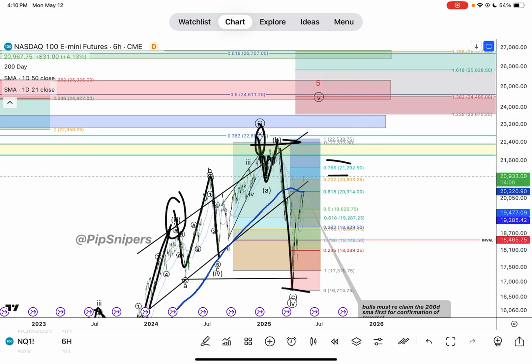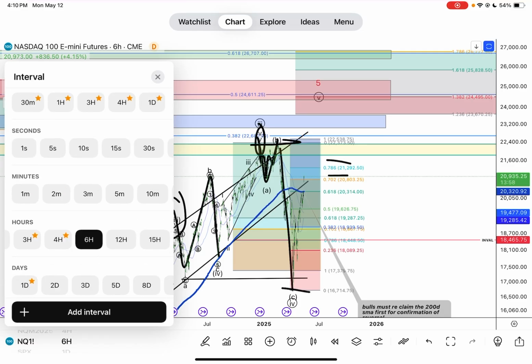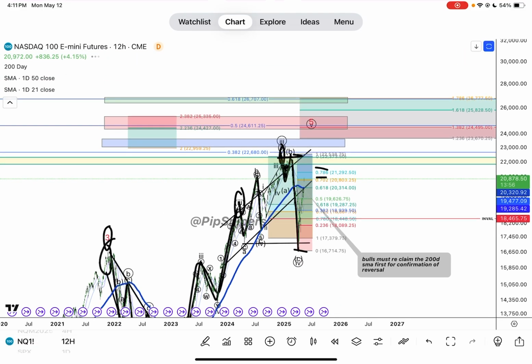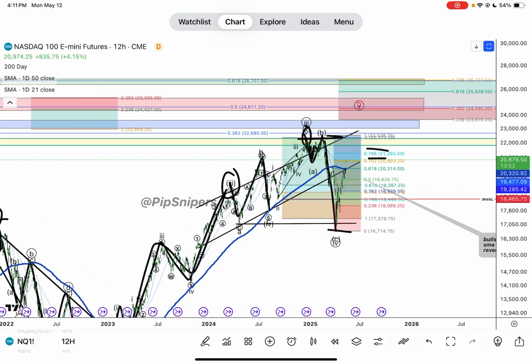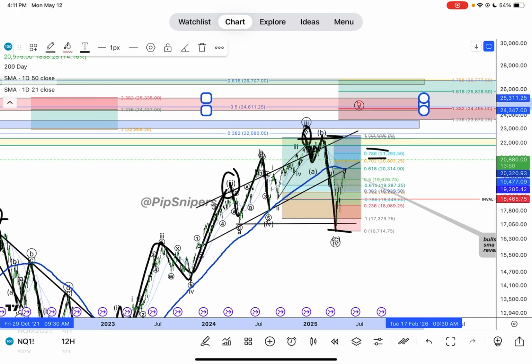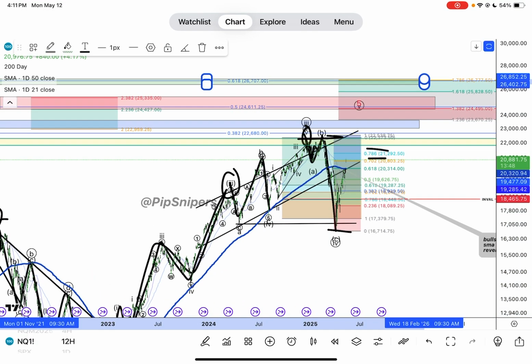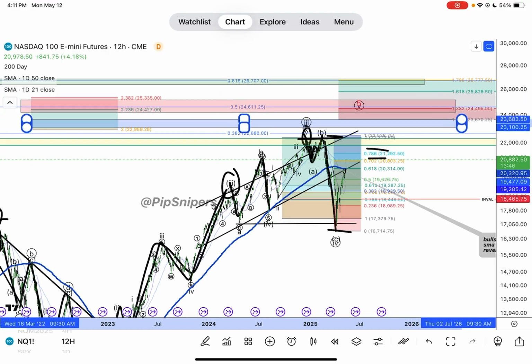Just to simplify this, I would be expecting a top to come in at any of these colored levels, any of these colored boxes that I drew here.